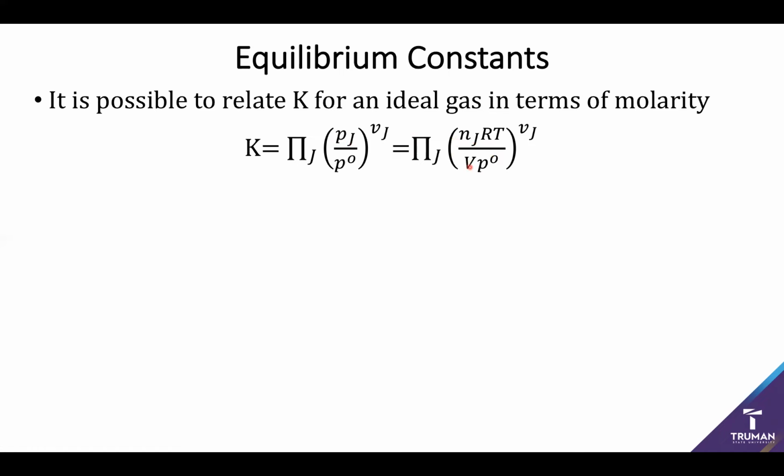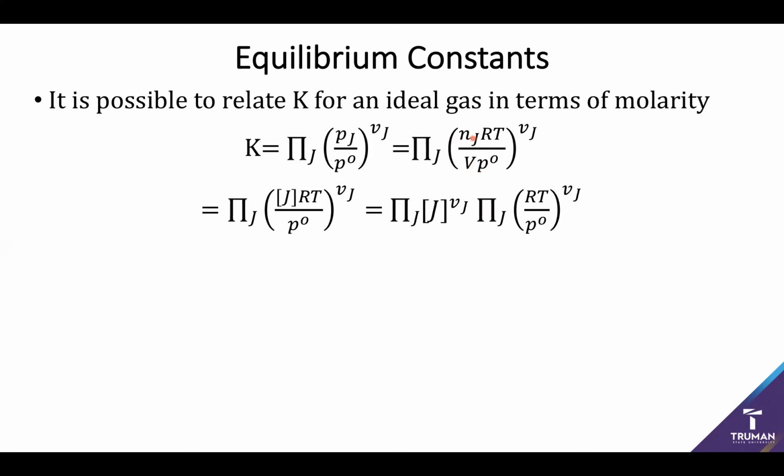Now, we can make use of the fact that moles over volume is the same thing as molarity, at which point I can pull out the molarity term, still raised to the stoichiometric coefficient, and multiply it by our constant values, RT being considered constant because one of the assumptions of our free energy of reaction is isothermal. So we're going to assume the temperature does not change. And again, our standard state conditions, which by definition are standard state.